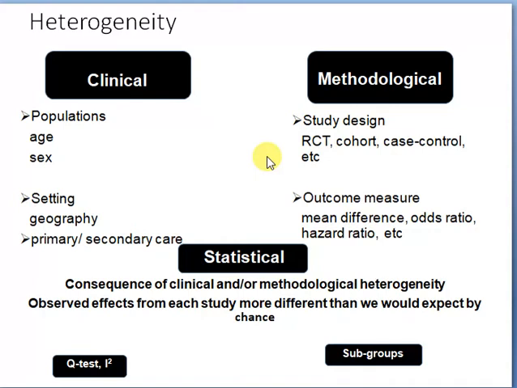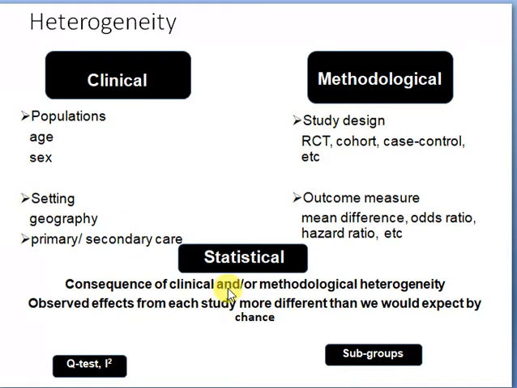It can be identified through clinical, methodological, statistical, and other aspects. Clinically, we can identify that the population might be different through age or sex or setting, especially geographical location and primary or secondary care.